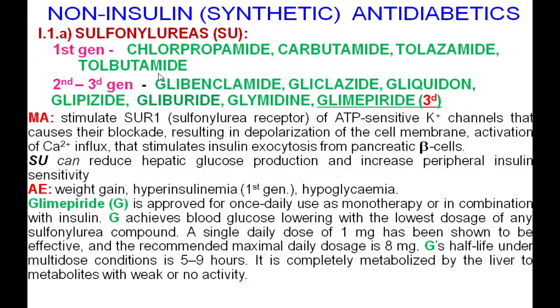And second, third generation include glibenclamide, glyclazide, glyquidone, glipizide, glyburide, glimidine, and glimepiride. Glimepiride belongs to third generation.